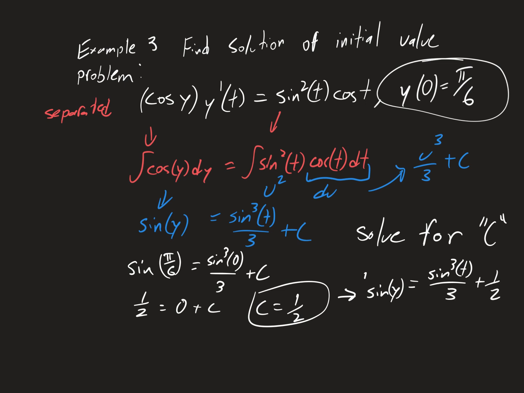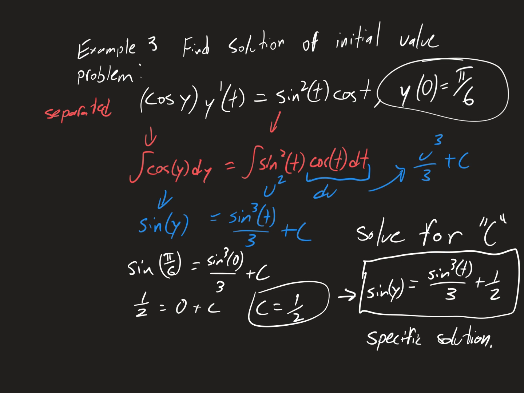Okay, and so this right here that I just boxed off is my specific solution. Whereas what I came up with here in blue is a general solution. And again, the difference is that in the general solution, you're going to have that c built in, and in the specific solution, you're going to have solved for the c.